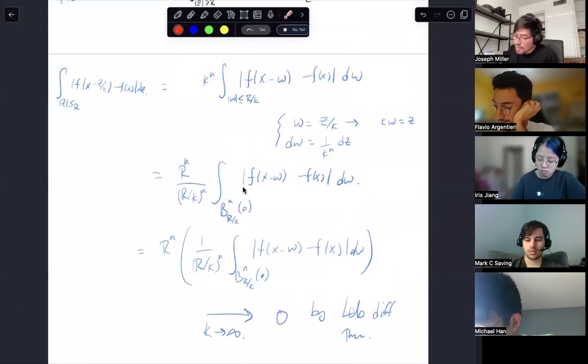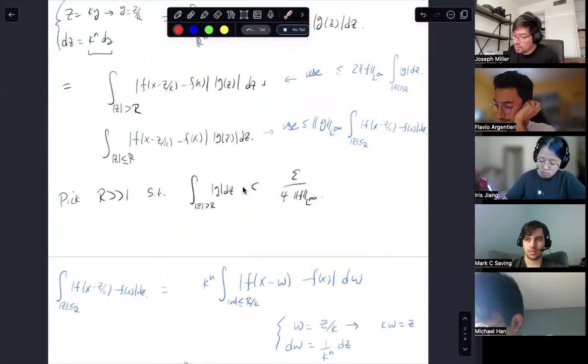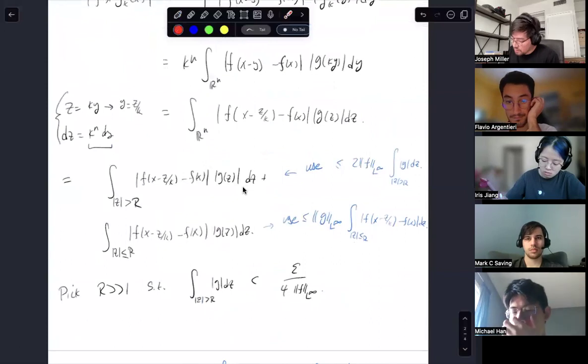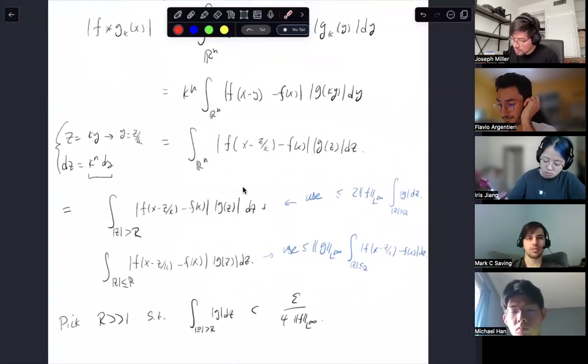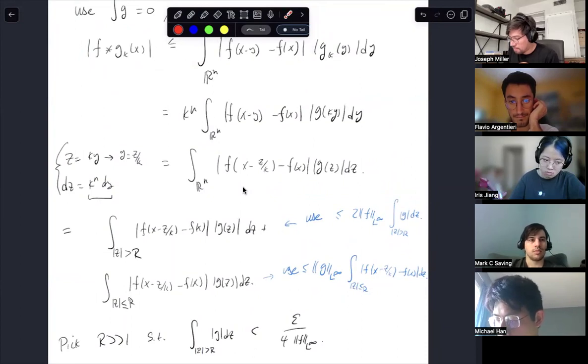Okay, and so what we have is I have a fixed r, right? So this guy goes to 0. I can actually just show that the whole thing is going to be less than some epsilon. So that means this converges to 0 uniformly in x.